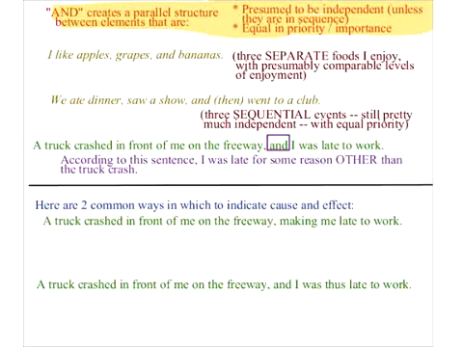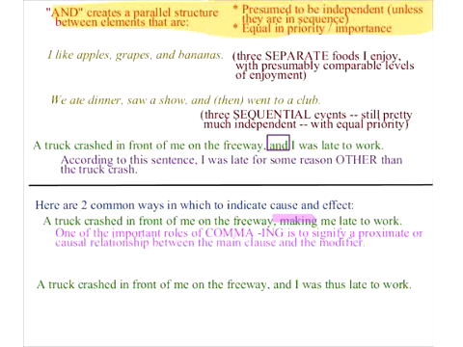One kind of modifier that's expressly tailored to do that job is comma ing. One of the important roles of comma ing is to signify a proximate or causal relationship between the main clause and the modifier.